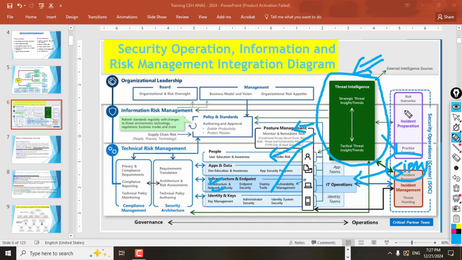It also does incident management, as we already discussed. It classifies the incidents as critical, very important, and so on, and does more advanced investigation to respond to security incidents.